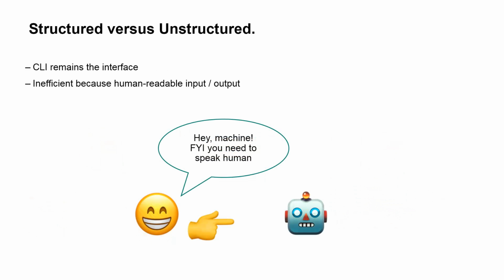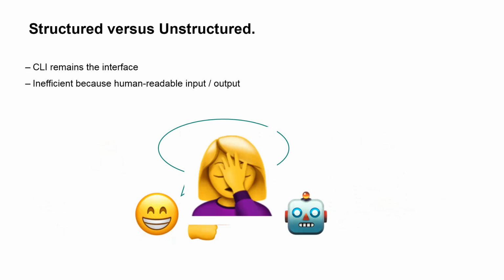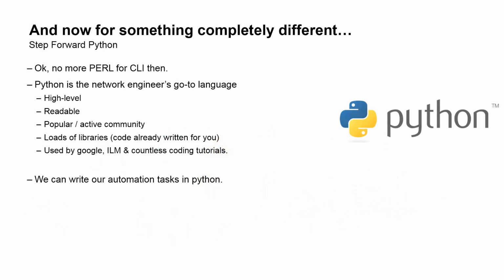It doesn't need to know English. It thinks in bytes. So the CLI is inefficient because it's humanly readable for the input and output. And so we have our character here saying, "Hey machine, you need to be able to speak human." The correct response for that is on the screen now.